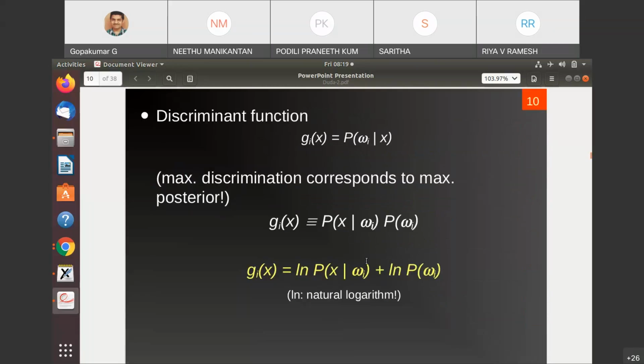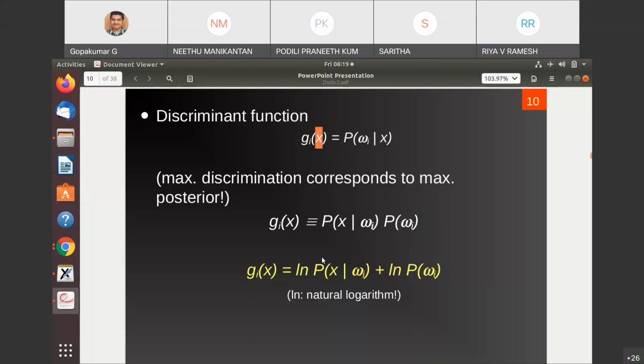And similarly, as we have just represented the decision rule in different ways, this can be substituted with the conditional probability and the prior probability, keeping in mind that the evidence is ignored because it is going to be common for all the x values, since we are considering a single feature vector.